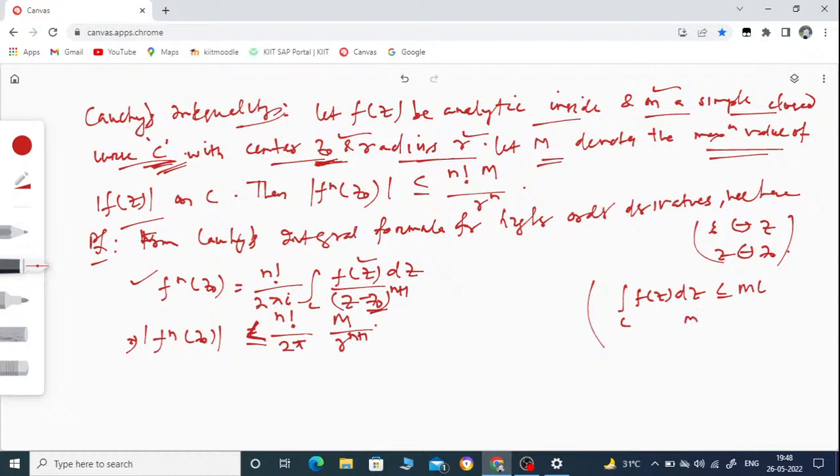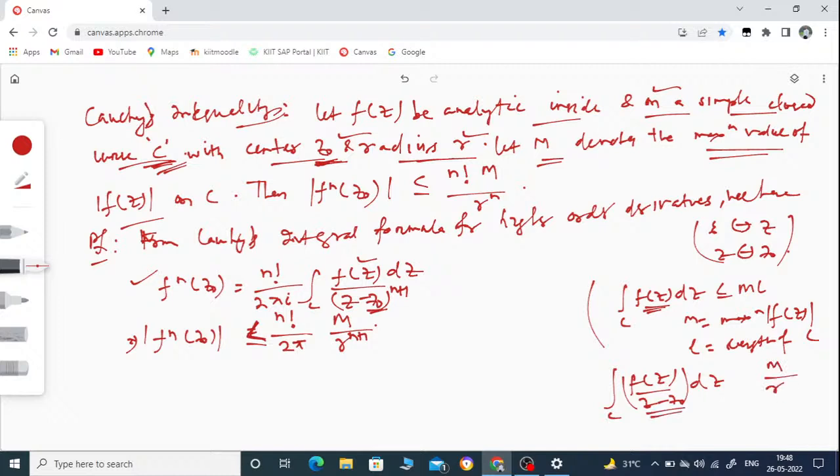I already told you this formula, where M is the maximum value of mod f of z, whose integration you have to calculate, and L is the length of curve C. For this given integral of f(z) divided by (z minus z0) to the power n plus 1, dz, what is the maximum value? f(z) has maximum value M, and z minus z0 is r, because C is a circle whose center is z0 and radius is r, and z is a point on C. So z minus z0 is r, and (z minus z0) to the power n plus 1 means r to the power n plus 1. So the maximum value of this integral is this one.